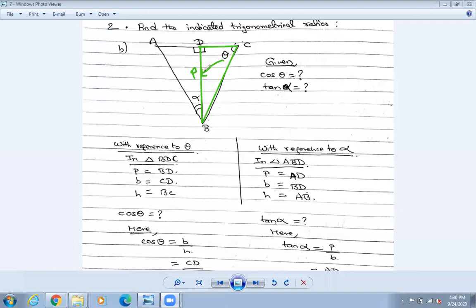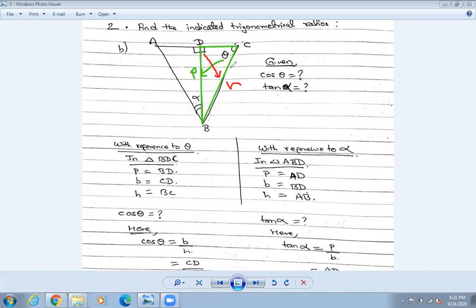Okay, so the opposite of the reference angle is called perpendicular. What is the name of this perpendicular? BD. Okay, so next one is the opposite of 90. What do you call the opposite of 90? Hypotenuse. Yes. So what is the name of this hypotenuse? Which points make it? B and C. That means let us write down BC.